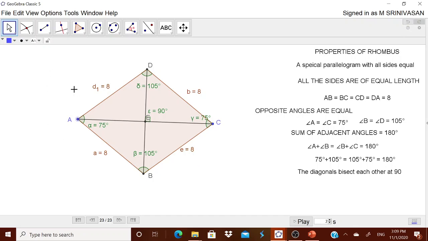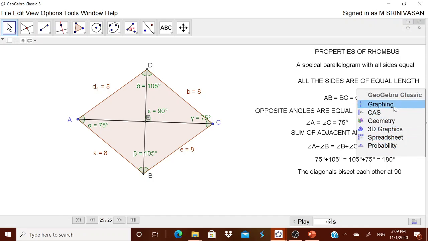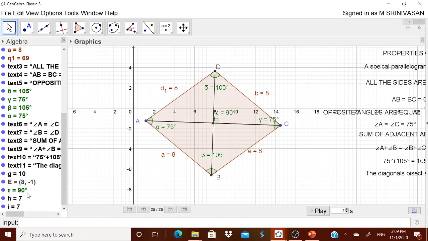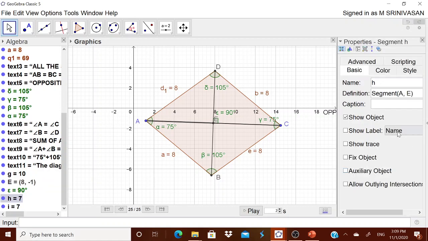How to tell that they bisect each other? Already we know that we have to go for the first segment as AE and another segment EC. Okay, now let us see what value you are getting over here. It is H and I. Therefore right click that H, go to object property.